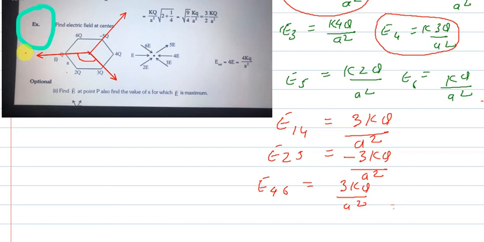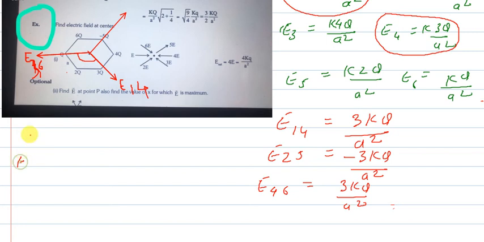This is one electric field in this direction, that is E46, and this is E14. Actually, this will be E3. This was charge number 3: this is 1, 2, 3, and this is 4, E14. The angle between them is this one. So how will you solve it? See how we can solve it.